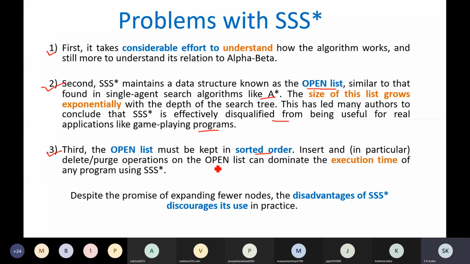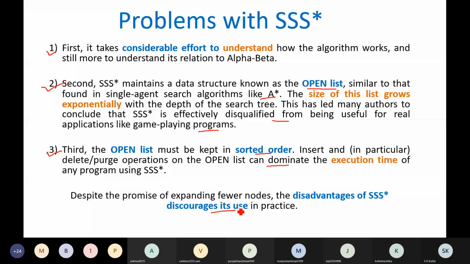Insert and delete operations on the open list can dominate execution time, as we have seen 90% of the time is consumed on that particular process. But despite a promise of expanding fewer nodes, disadvantages of this algorithm discourage its use in practice.